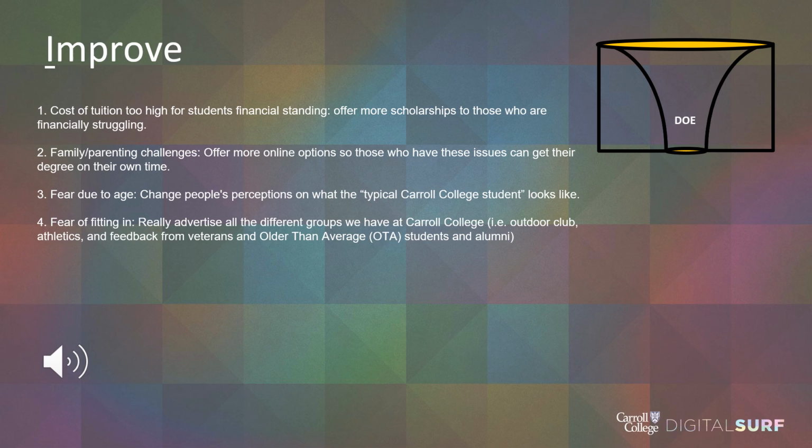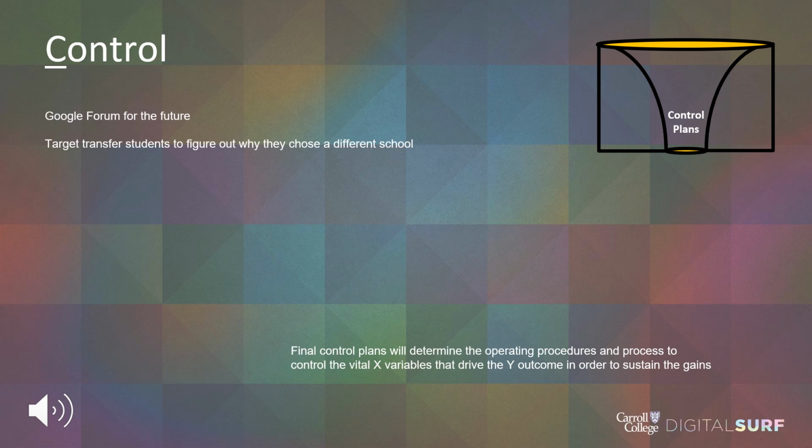We want to make it clear that there are solutions to these problems, and throughout this project process, we have determined that we may be able to improve transfer student matriculations. In the future, we want to better transfer student numbers, but we believe that there is data we are missing out on to help us improve matriculations. Based on evaluating the process, we recommend creating a digital form for transfer students in order to better communicate why they are declining Carroll College's offer of admission.